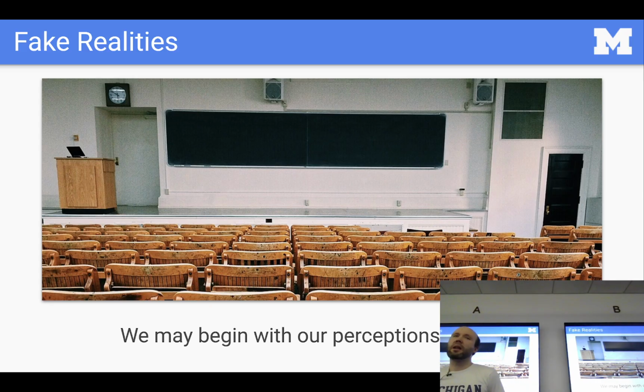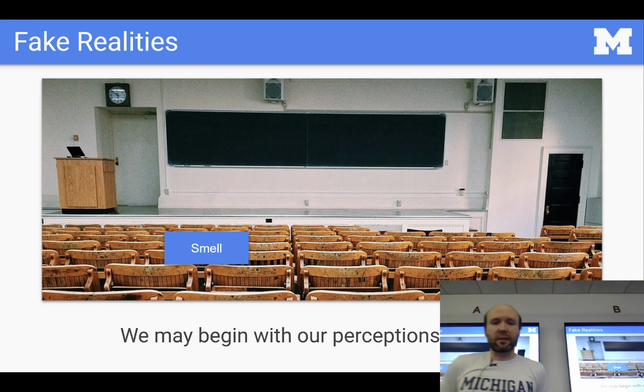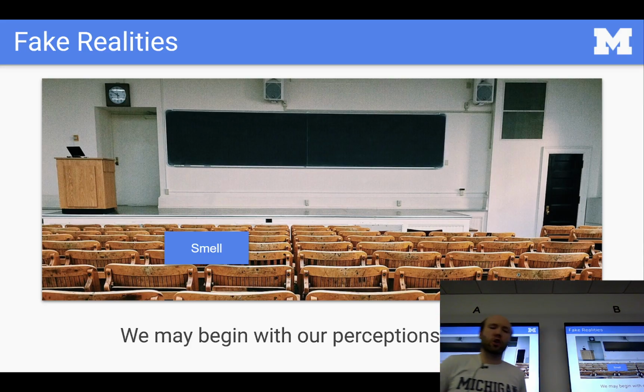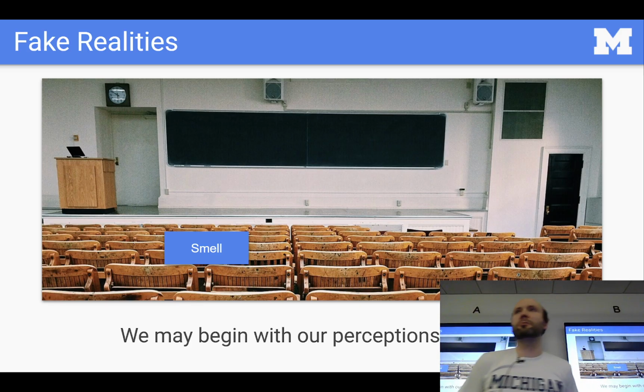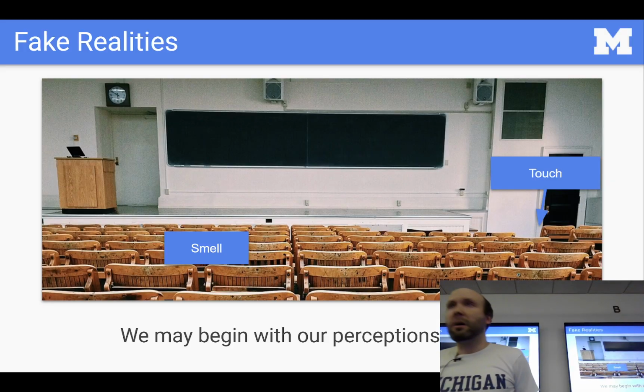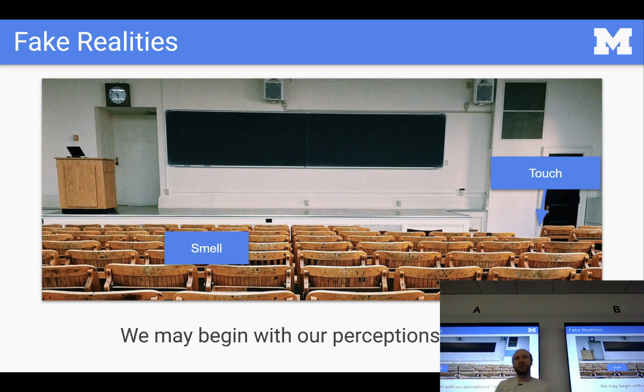Unfortunately, we've only been able to really replicate a few of these in games. When you are trying to determine where you are, and you say, well, I need to determine that I'm in a lecture hall. Lecture halls sometimes have a unique smell, right? The smell of chalk, the smell of mustiness, the smell of EECS nerds who maybe haven't showered, okay? That's what Reddit tells me anyway. But touch, right? You might sit down in these wooden, creaky chairs.